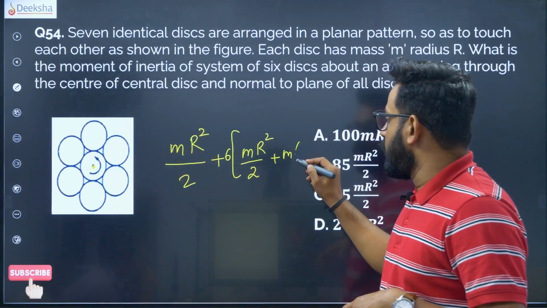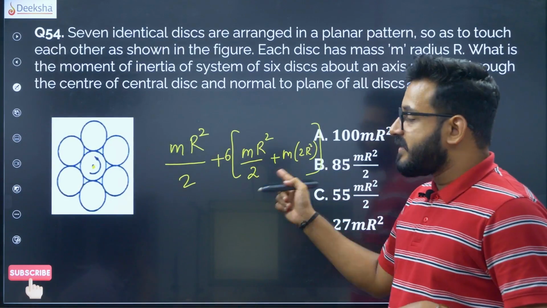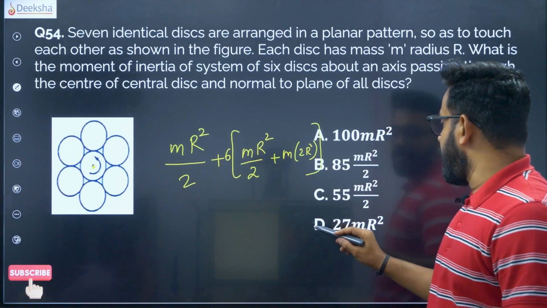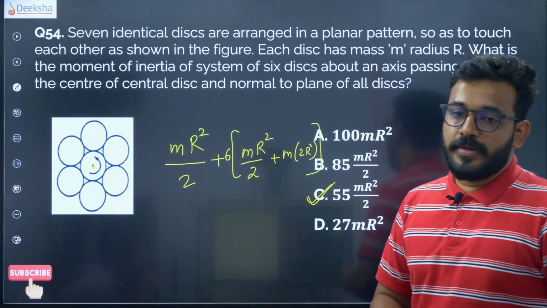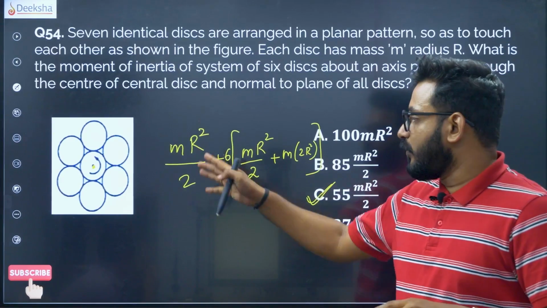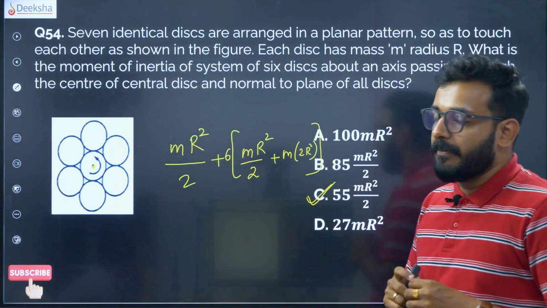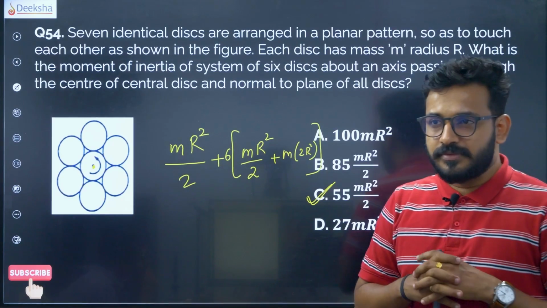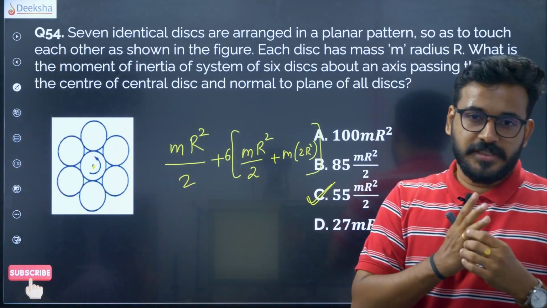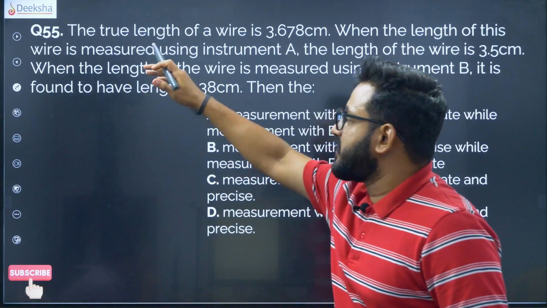So m into 2r square. When you take all of this into consideration and add together, ultimately you will get the answer as 55 mr square by 2. Numerator will be 55, denominator 2, mr square. You just have to open up the bracket, and finally you will end up with 55 mr square by 2. Once again, it's one of the deleted portions, so I hope you don't give much consideration to this, just to let you know. Fine. Next question.